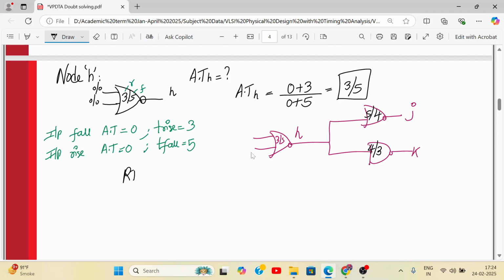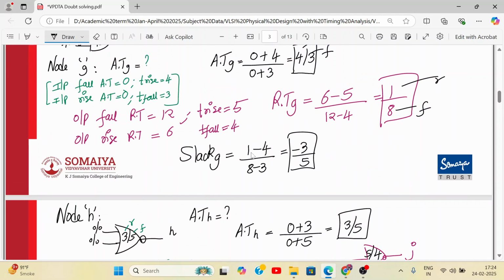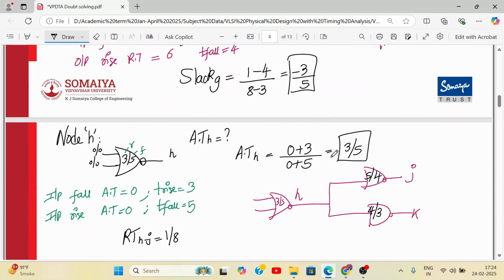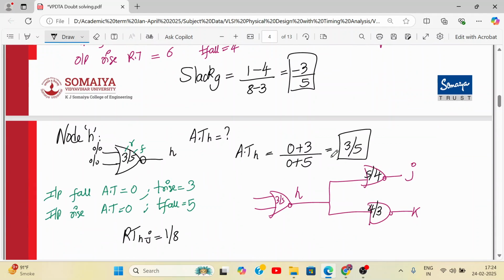So what is the return time from H to J? You have calculated, right? It's 1 by 8. Here it is H to G. Return time at G, because your input is G, right? Your return time is 1 by 8.